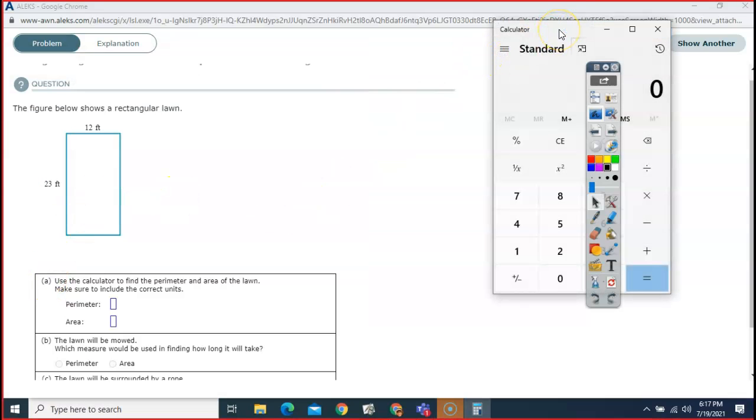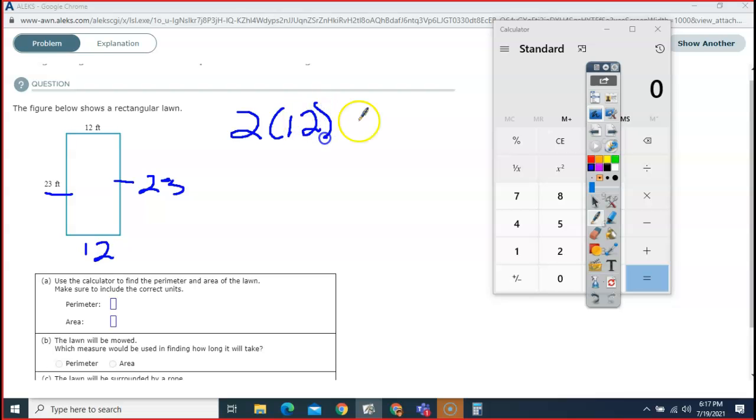When you do area, you multiply. Now, the other thing I want to show you is that on rectangles, these two sides match. So that means this is also 23. And then the top and bottom match. So that's 12. So you're going to have two 12s and two 23s. So basically 2 times 12 plus 2 times 23.